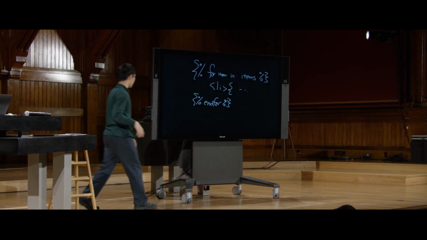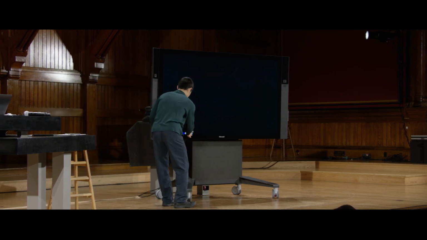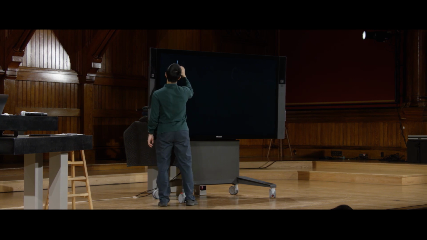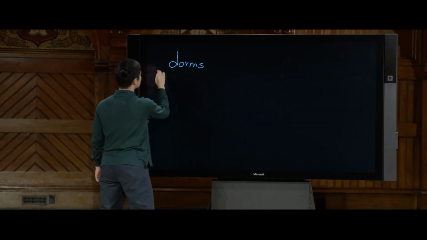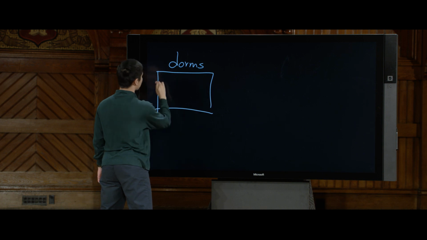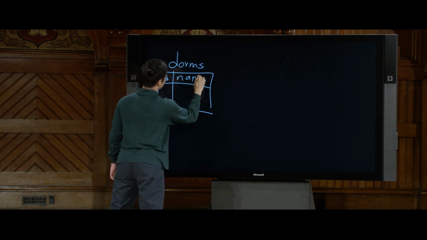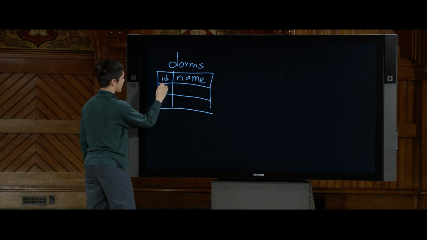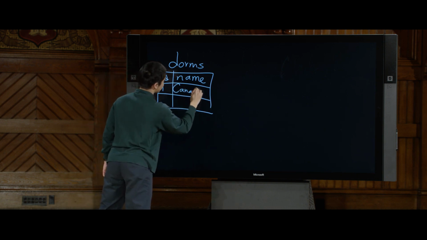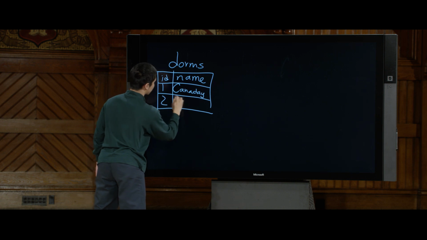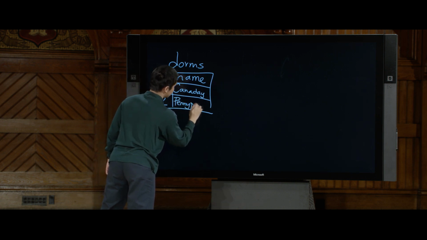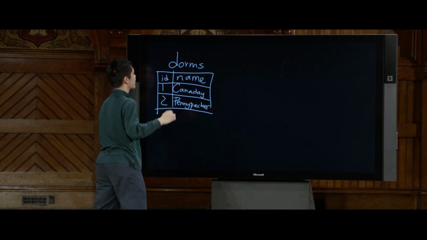a case where you would have a table called dorms, whereby that dorms table would have an ID column and a name column for all of the dorms that people could live in. And maybe ID 1 is Canada, and ID 2 is Pennypacker, and so on and so forth. I should have picked a shorter name.